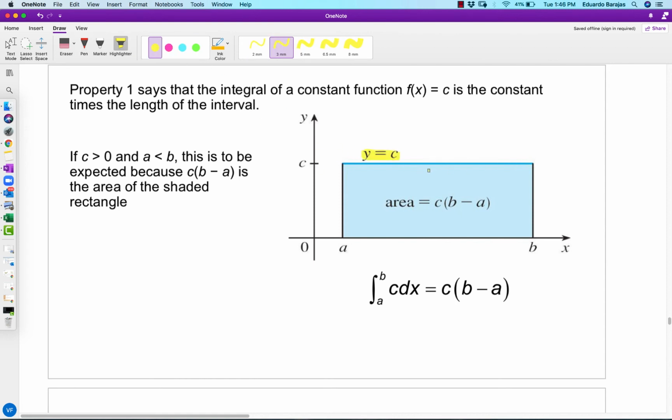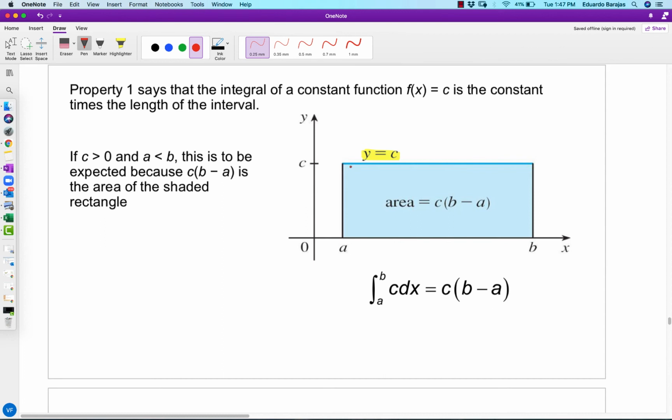So it's just some constant, and just to picture it, we're going to let c equal some positive number value here. And so when we ask for the integral from a to b of the function c dx, we want the area below the function y equals c, above the x-axis, and trapped between the vertical lines x equals a and x equals b. So it's this area exactly here.